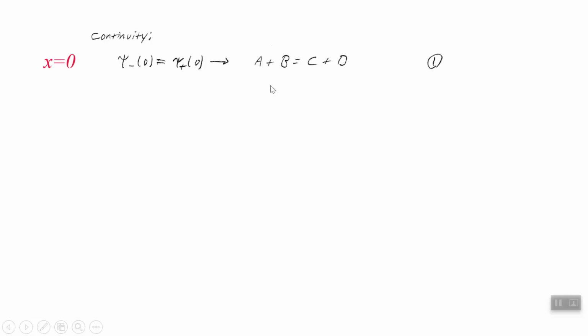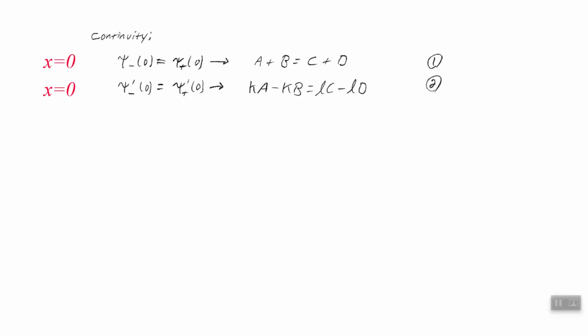On quick inspection, I think you can see that that means A plus B equals C plus D. Call that equation 1. The differentiability condition evaluated at x equals 0 is also something you can probably just envision in your mind. You take those derivatives of the region 1 and region 2 wave functions and then evaluate them at x equals 0. You have this expression. We'll call it equation 2.